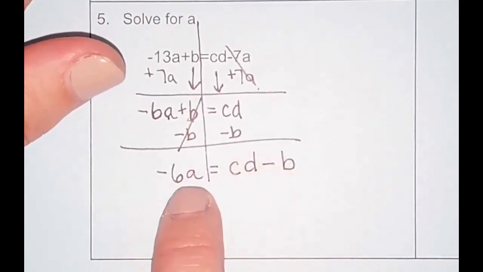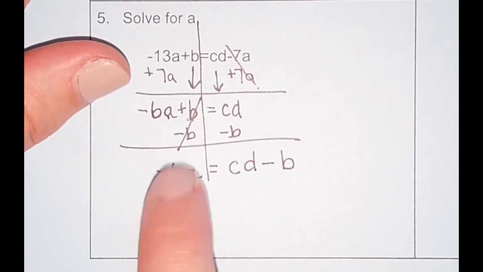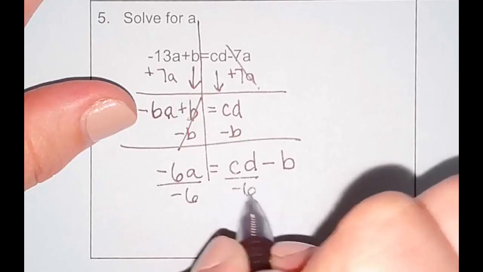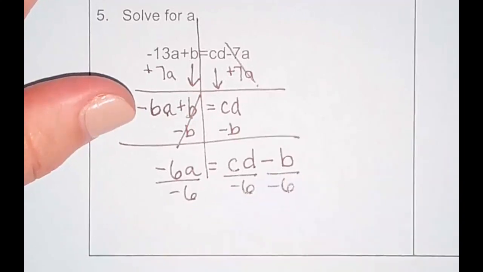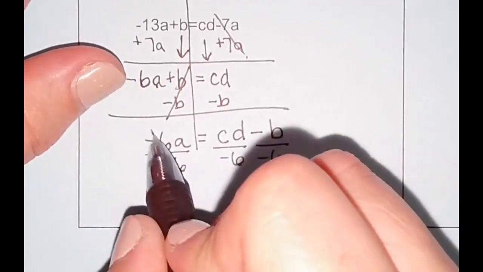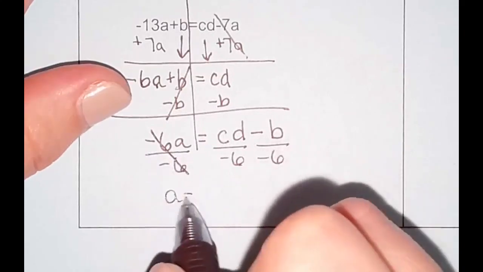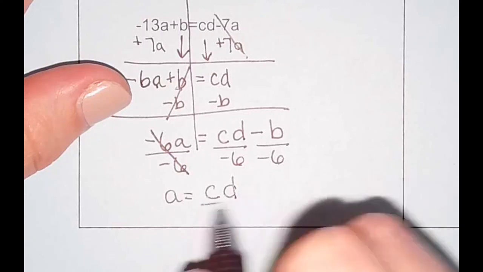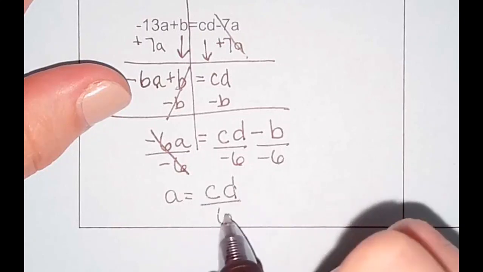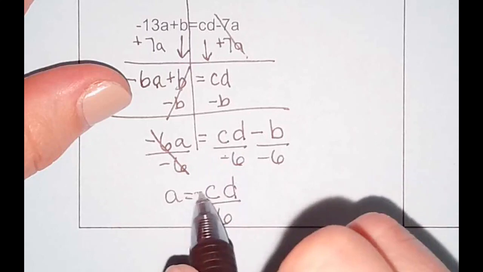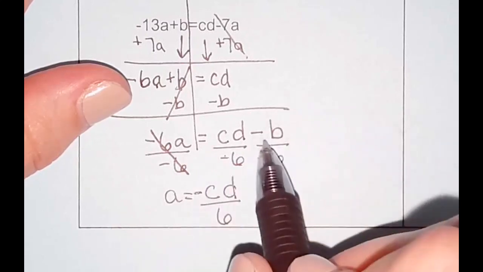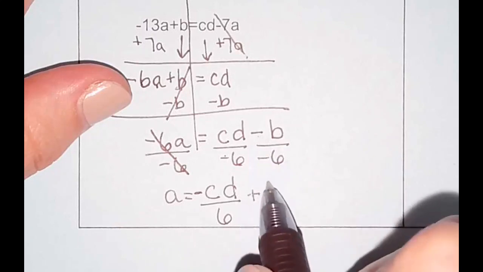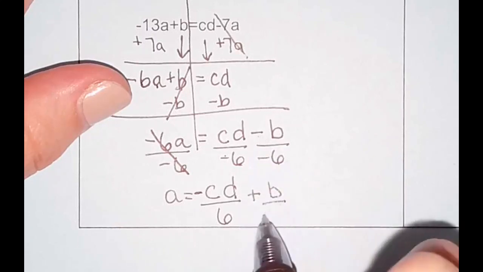The negative and negative cancel into a positive, so plus b over 6. I could just divide everything by negative 6, so I would accept this as your final answer. Or if you went from this step and you said, okay, that's c d minus b all divided by negative 6, I would let you keep that as your answer as well, if you just divide the entire thing, because nothing really reduced.